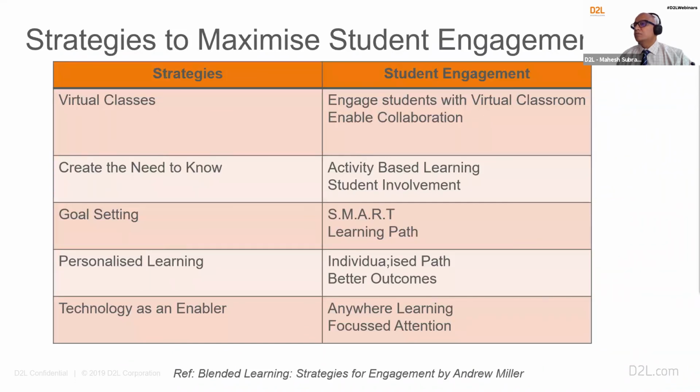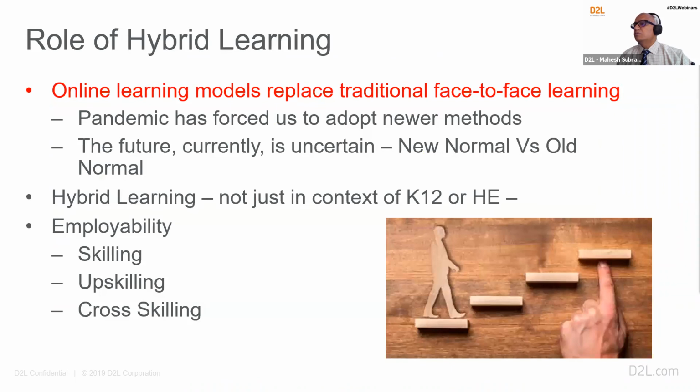So the idea is that where possible, you want to build activities that you can place on an LMS, so that not only can you have a hybrid model, there's also the part where you can track all the learning and the analytics that come along with it.